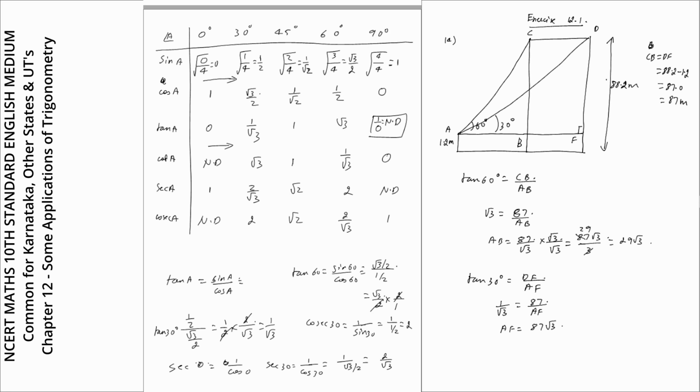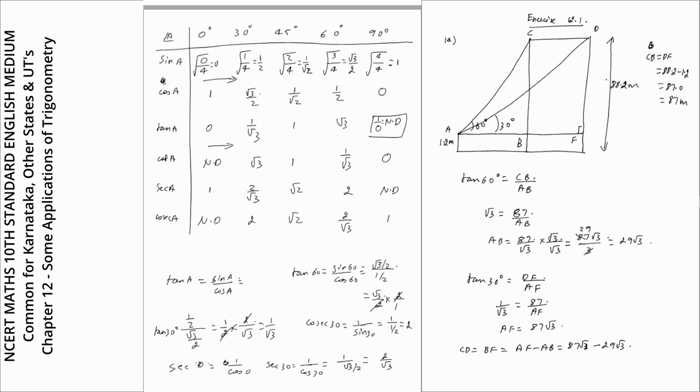Now what is the distance traveled by the balloon? Distance traveled by the balloon is CD. CD is also equal to BF. BF is equal to AF minus AB. AF we found it is 87√3, and AB we found it to be 29√3.